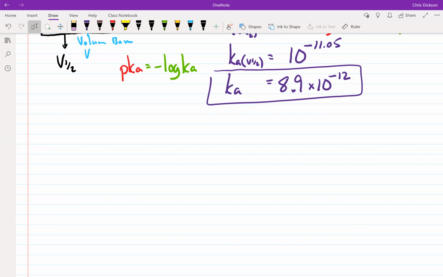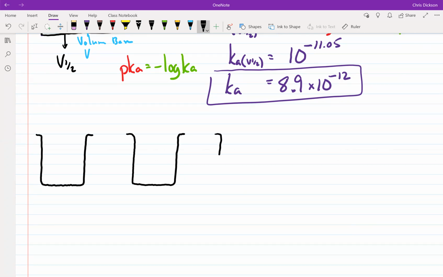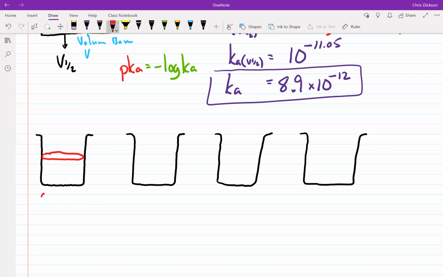So let's take a look at, let's say you had a solution where the first one was 0.1 molar HCl.